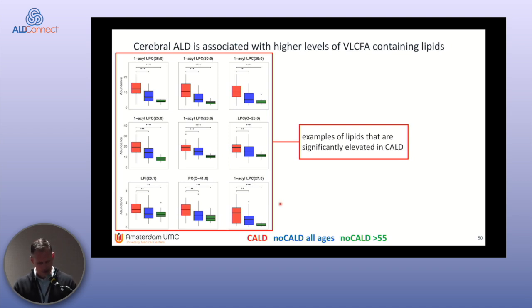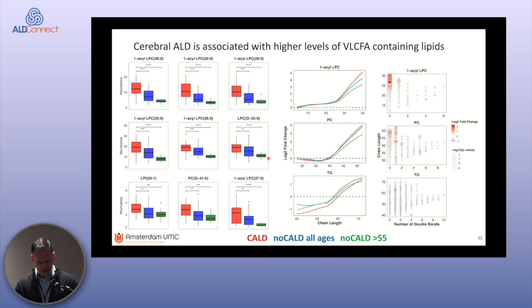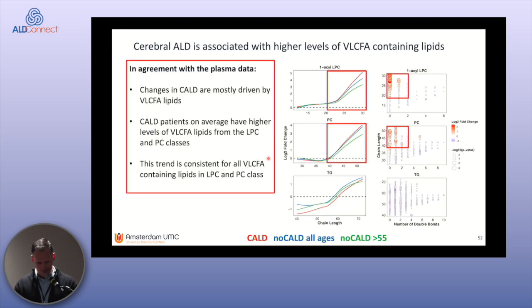And looking at the lipidomic signature, we were able to detect differences between these groups that were consistent for all very long-chain fatty acid containing species. And that indeed the changes in cerebral ALD are very long-chain fatty acid driven. And this trend is consistent for all lipids from this chain length.